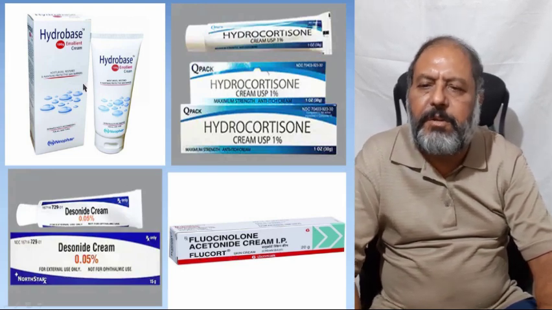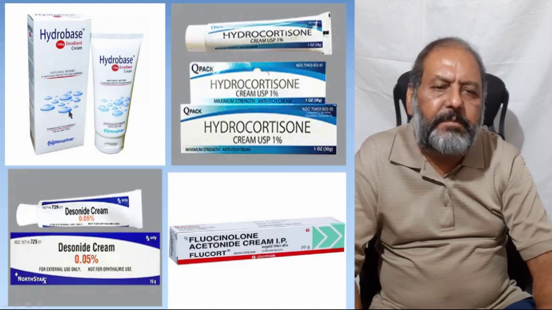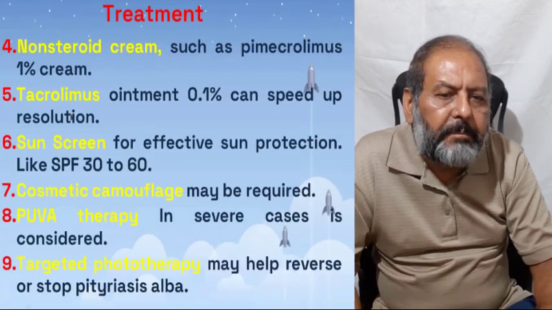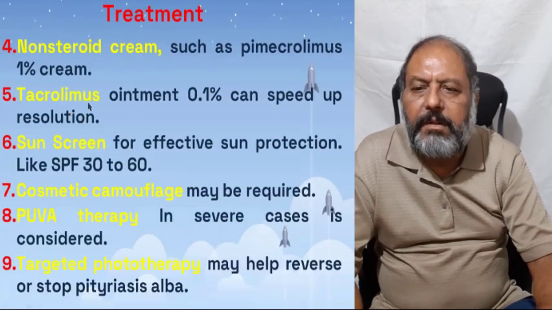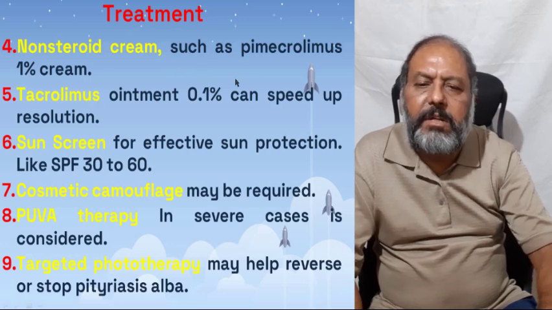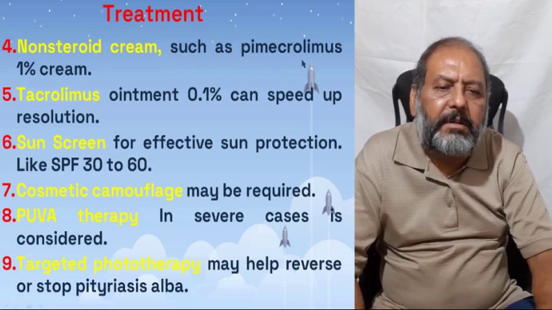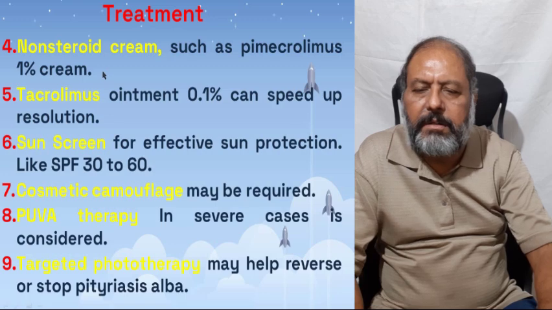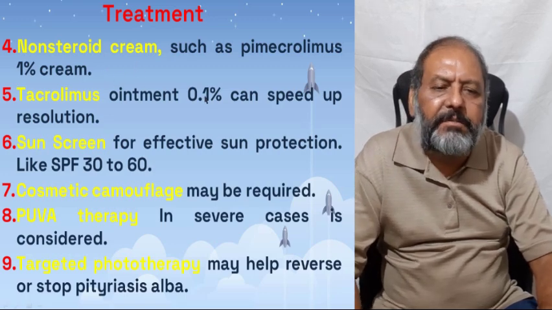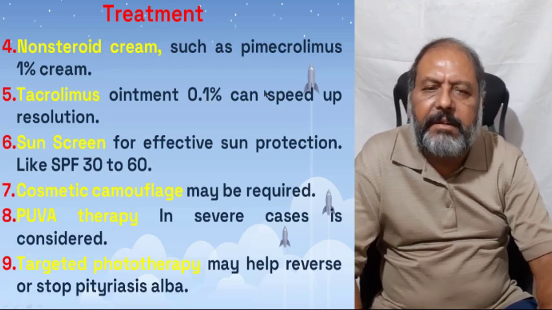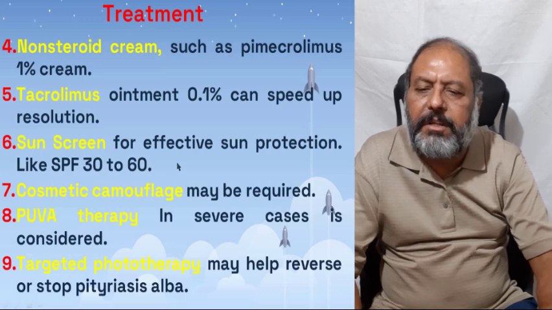Now continuing the treatment, non-steroid creams such as pimecrolimus 1% cream and tacrolimus ointment 0.1% can speed up the resolution. Sunscreen for effective sun protection, like SPF 30 to 60.